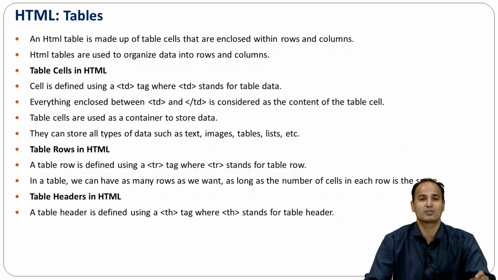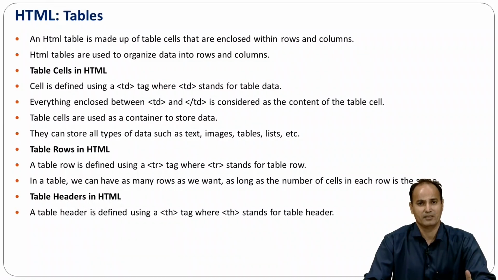Everything enclosed between the TD tag is considered as the content of the table cell. So whatever data we want to write in a row and column manner in a table must be enclosed in a TD tag, and that TD tag specifies that it is a cell which will contain table data. Table cells are used as a container to store data. They can also store all types of data such as text, image, table, list, etc.